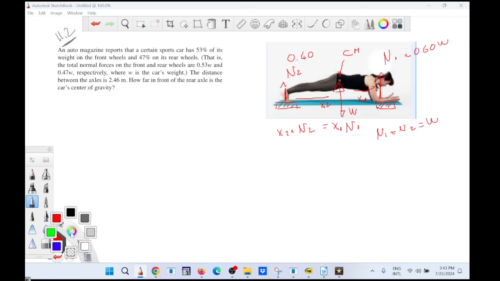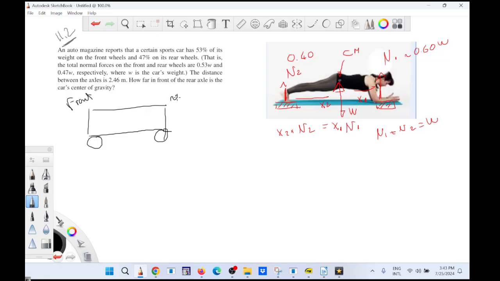So here it's the same idea, except it's a car. So let's say this is the front, this is the rear. So someone is sitting in the car. And it says that the normal force on the front is greater, so you have more weight on the front than in the rear. This is the ground here.